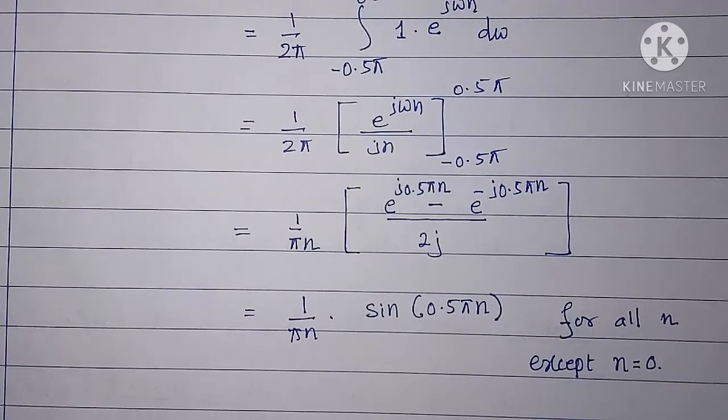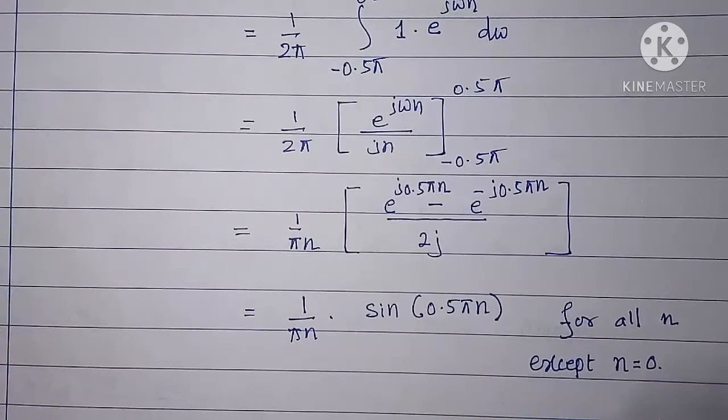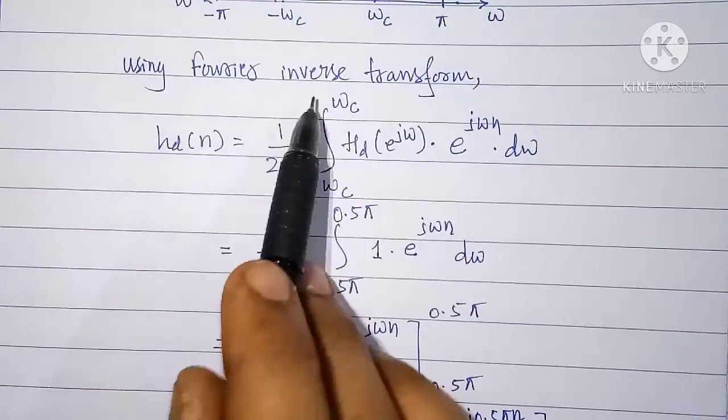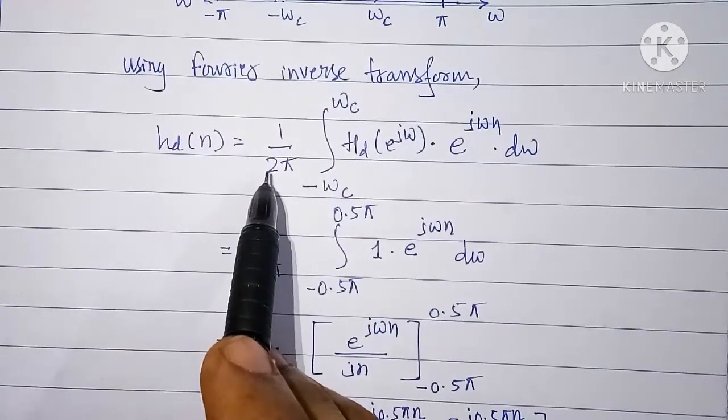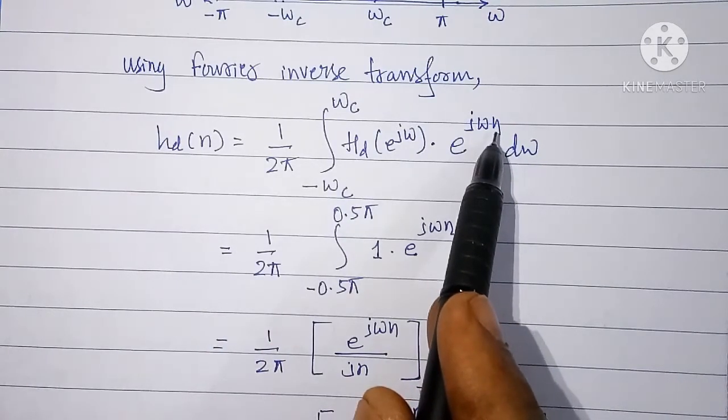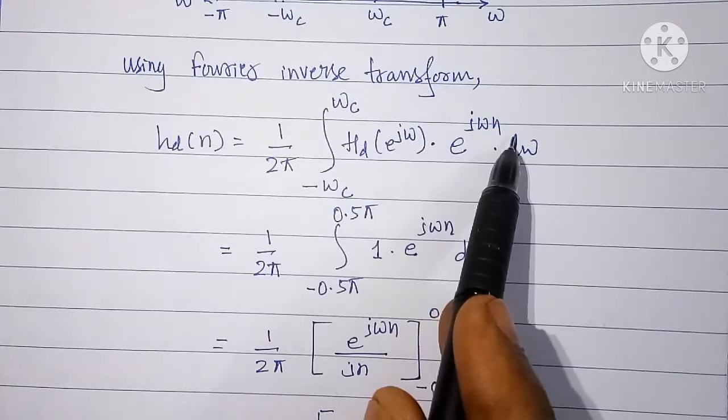To find HD of 0, that is HD of n for n equal to 0, we have to go back to the Fourier inverse transform first step, and there we have to place n equal to 0 in e raised to j omega n.